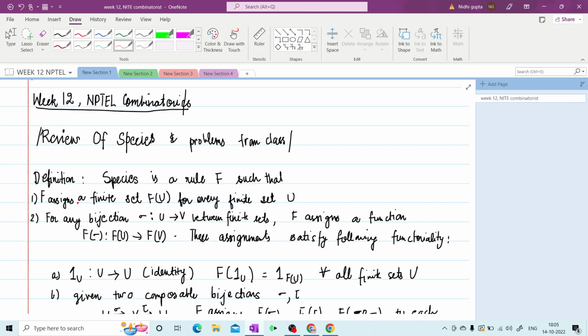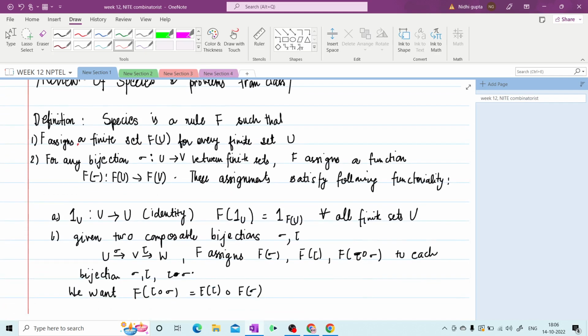And these two assignments satisfy the following functorial property. First is this. If you take any finite set U and look at the identity map, clearly the identity map is a bijective function. Therefore this rule F will assign some function to the identity function. But if species is a rule, we want that this rule should assign identity functions to identity functions.